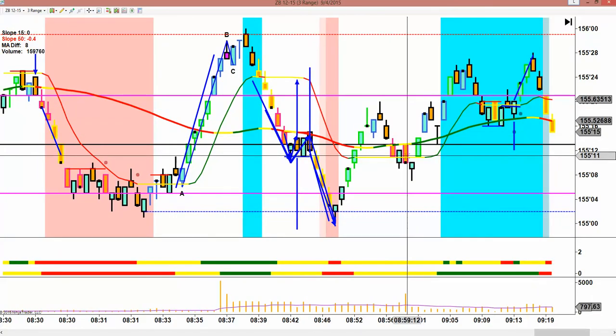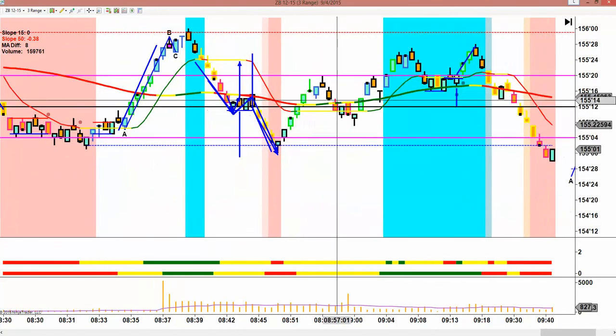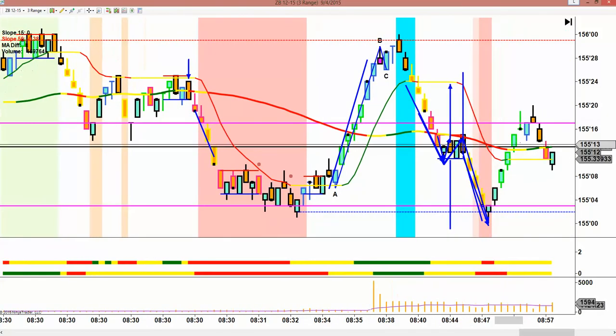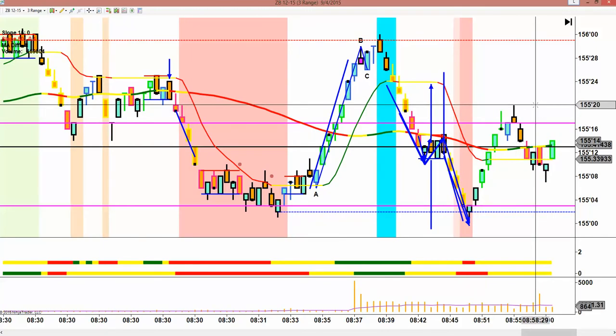Now, here, on this move up, it broke the value area high here. And just really no way to take that short.